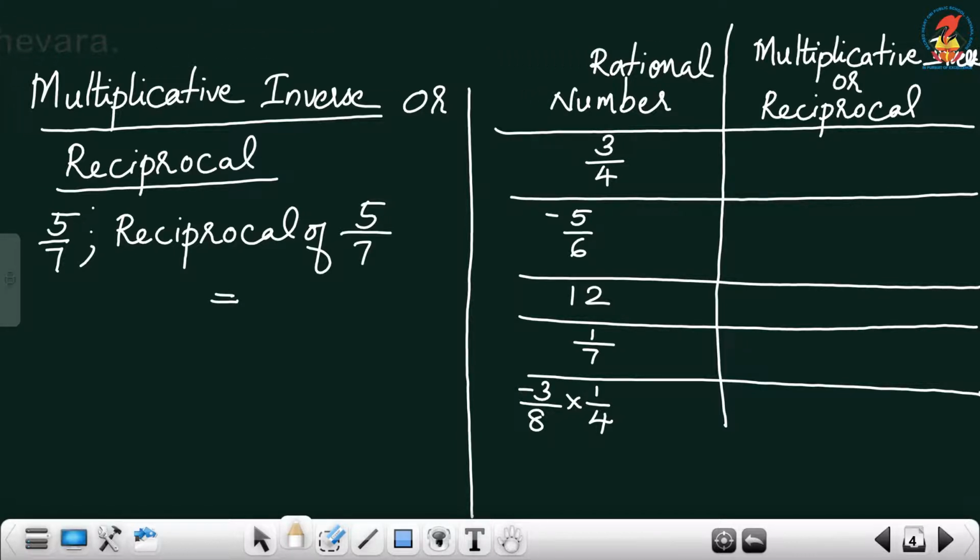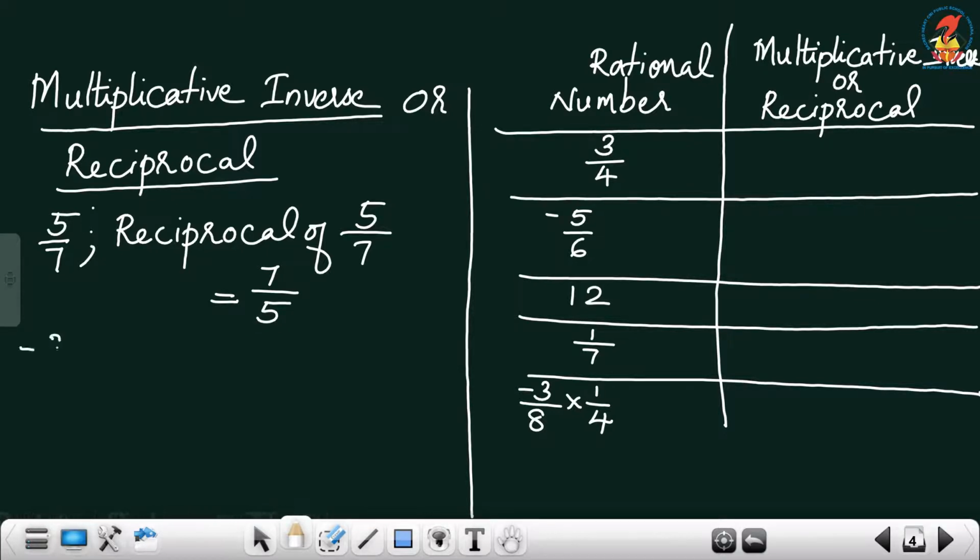We have to interchange the numerator and denominator, or invert it. Here 5 is the numerator, 7 is the denominator. So it will become 7 as the numerator and 5 as the denominator. Therefore, reciprocal of 5 by 7 is 7 by 5. Another name for the reciprocal is multiplicative inverse.